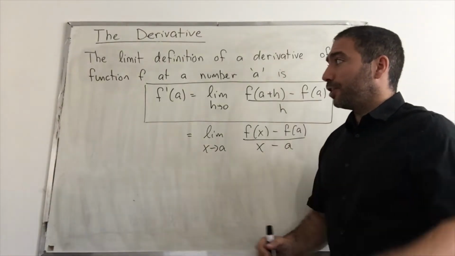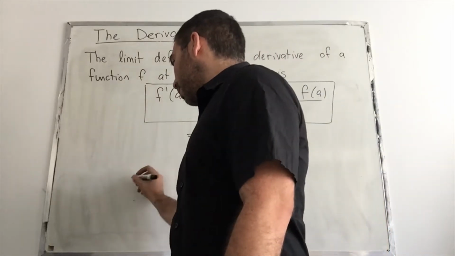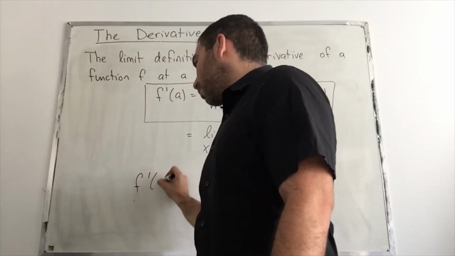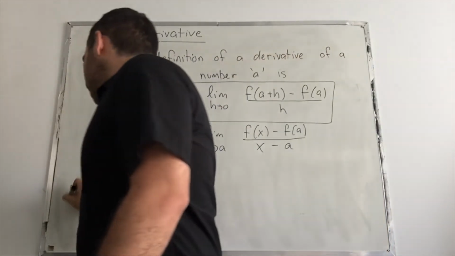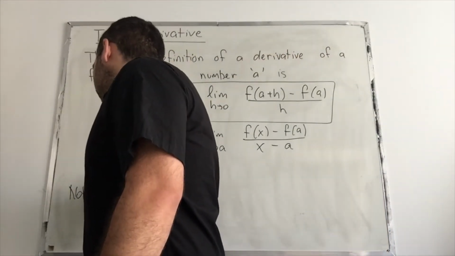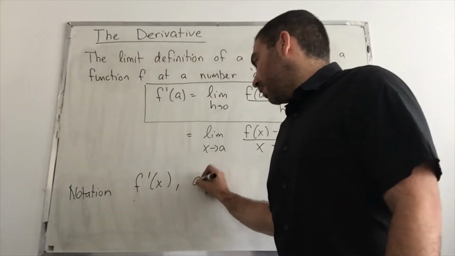Another thing I want to just mention is the notation. So we could write this as f prime of x. This is one notation. Another notation for derivative. So this is our notation. These are all interchangeable. You could write dy dx.